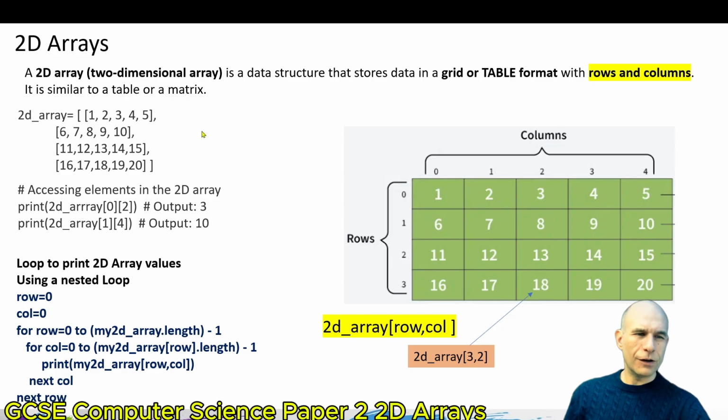And the way we define them, we can define them in this way. This is a static definition of the 2D array. You open one square bracket, then you start putting the items inside it. The first one is 1, 2, 3, 4, and 5. So this is one full row of information.